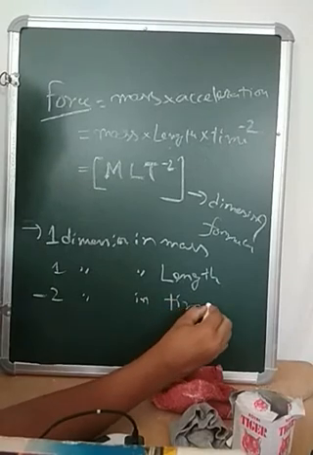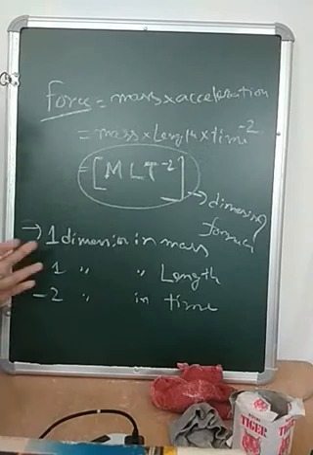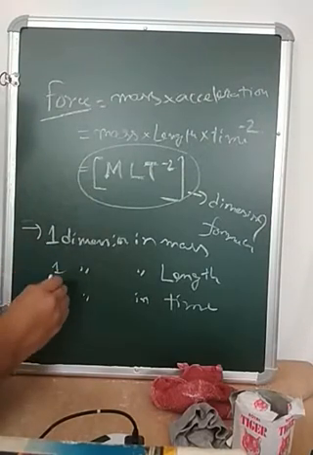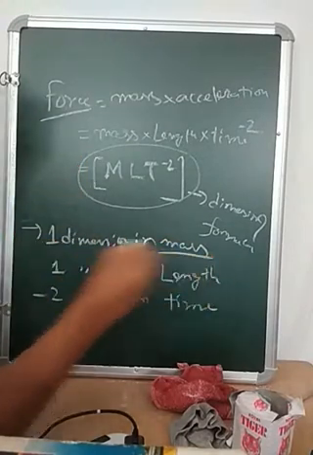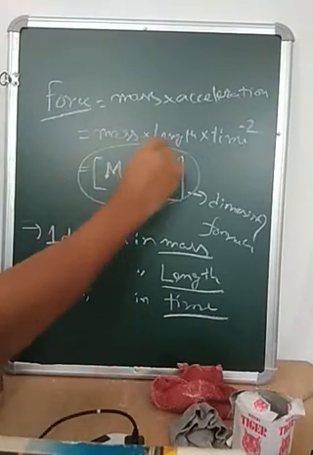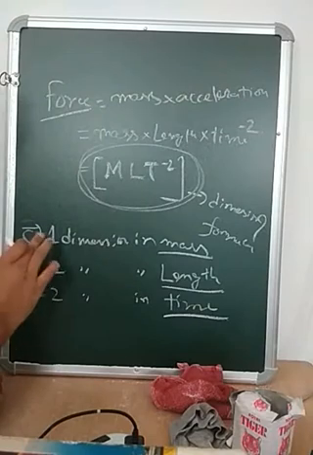See, this is the dimensional formula, and if you are asked to write the dimensions of force, then you have to write 1, 1, -2. That is, force is 1 dimension in mass, 1 dimension in length, and -2 dimension in time. This is the dimensional formula of force, and this is the dimension of force.